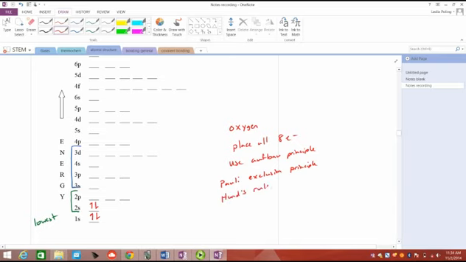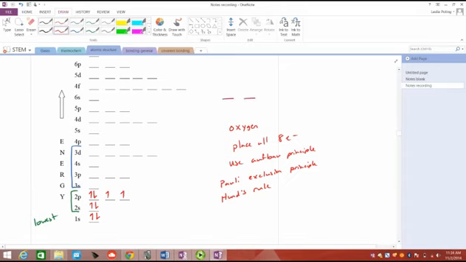So now we're going to use Hund's rule. 1, 2, 3. Electrons with the same spin in each of the equal orbitals before we pair up. And now we've used all of the 8 electrons for oxygen. So this is the orbital diagram for it.